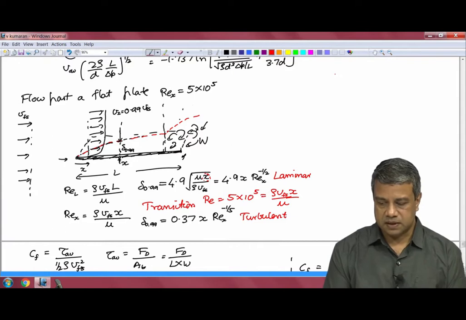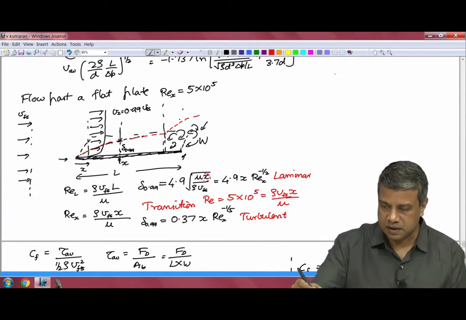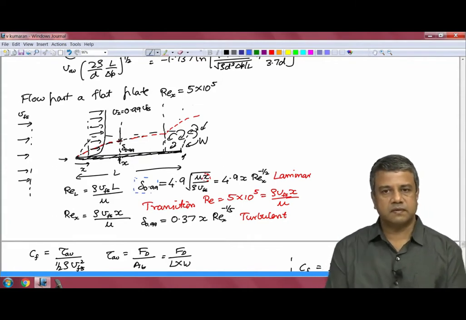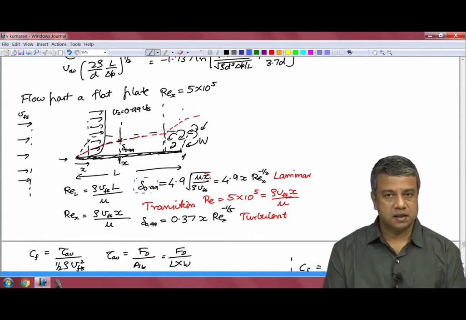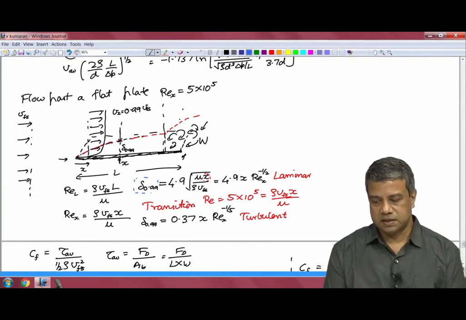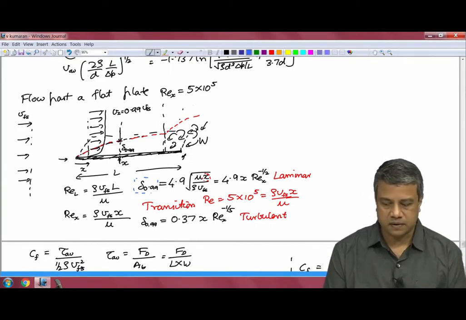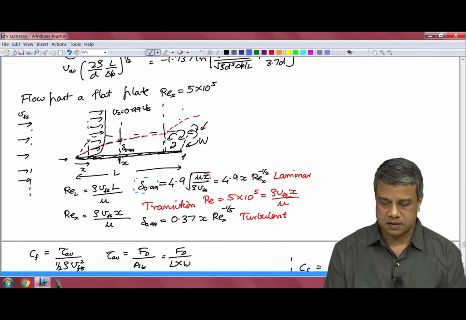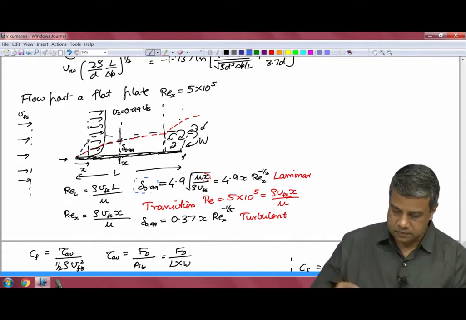That distance, which I defined as delta 0.99, the distance at which the velocity reaches 99% of its free stream velocity, increases as Re to the power minus half, or it increases as the square root of the downstream distance, for a laminar flow.